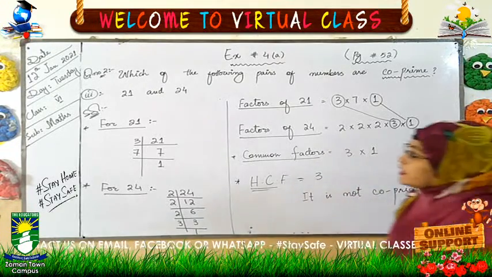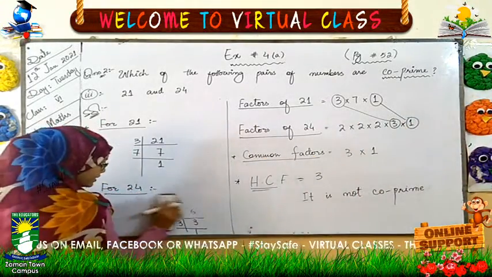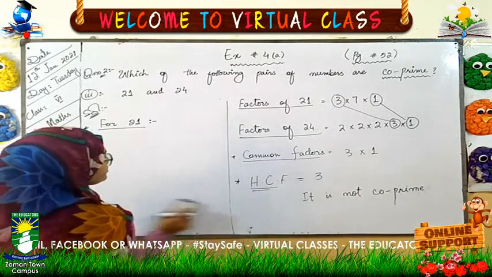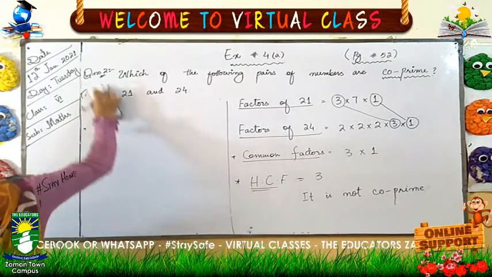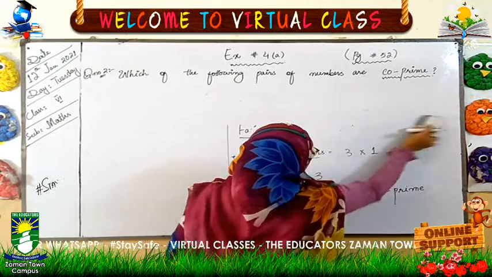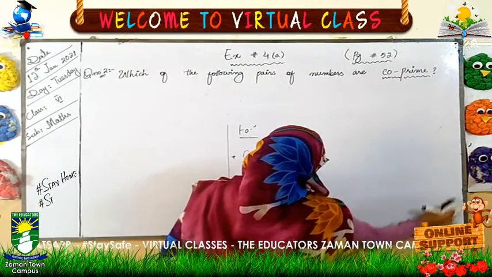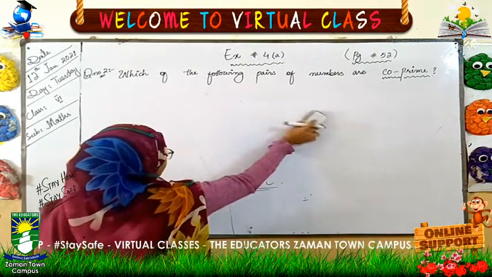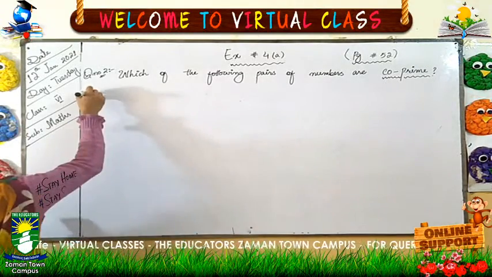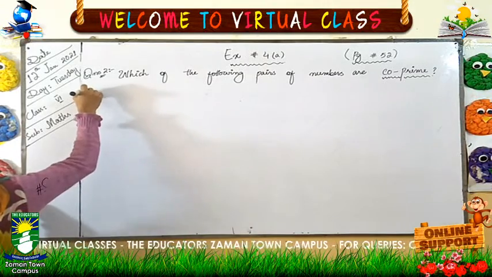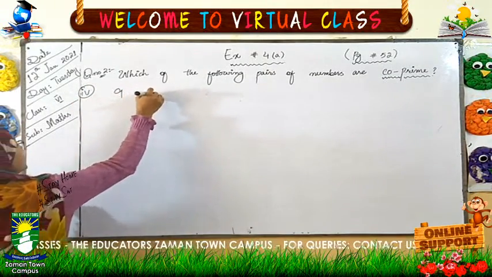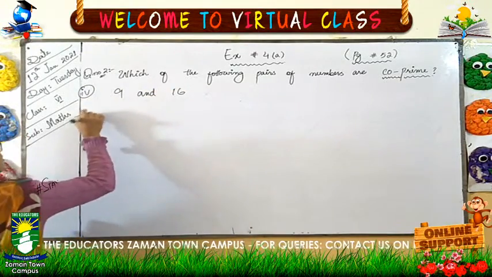Okay. See another one, which pair is a co-prime in the question. We have the fourth part, 9 and 16.